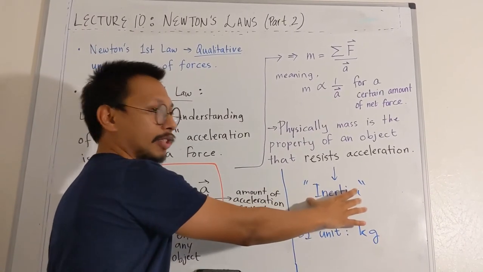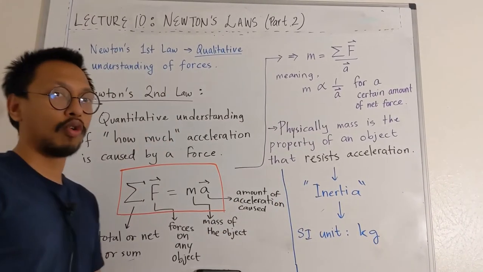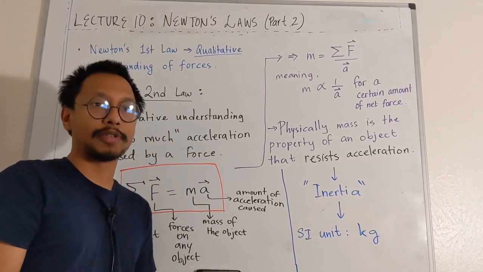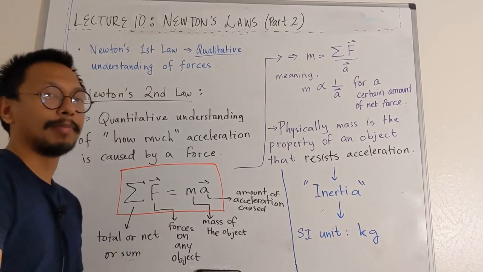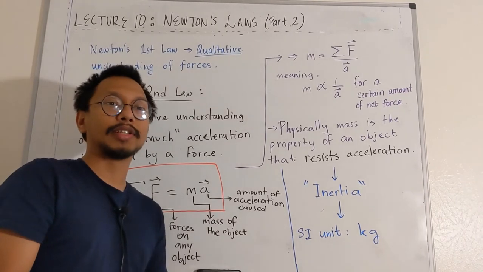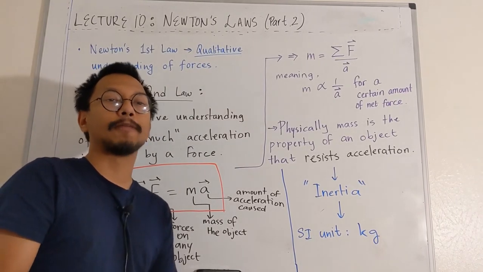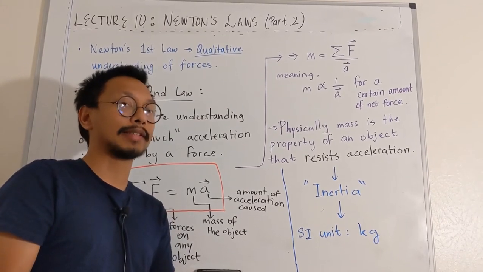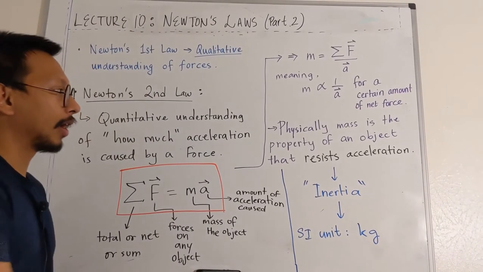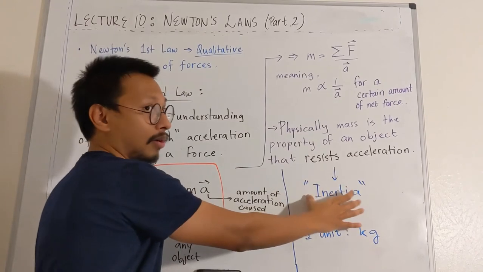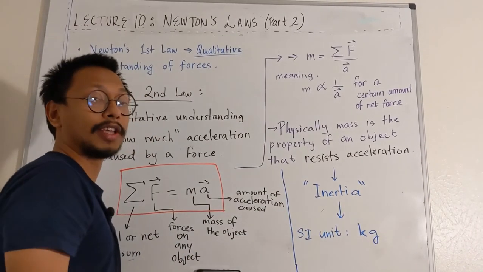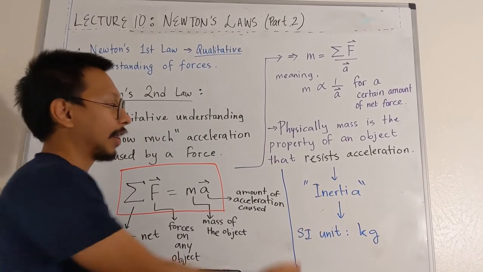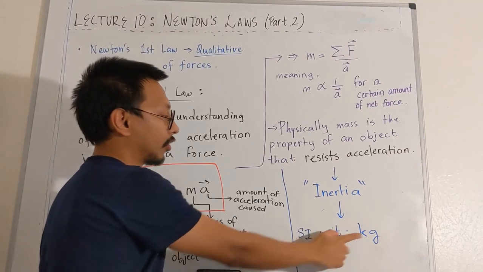So what inertia does is, the more inertia or more mass an object has, the more ability that object has to resist changes to its state of motion, or similarly resist acceleration. Physically then, mass is a measure of the inertia of an object, and the SI unit of mass is kilograms.